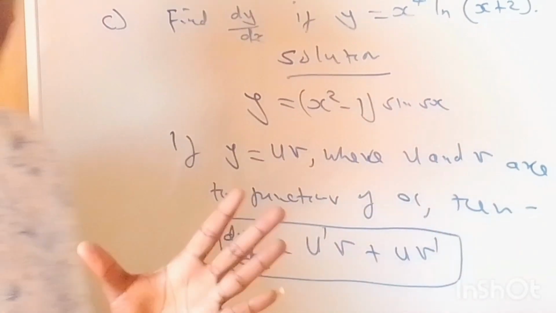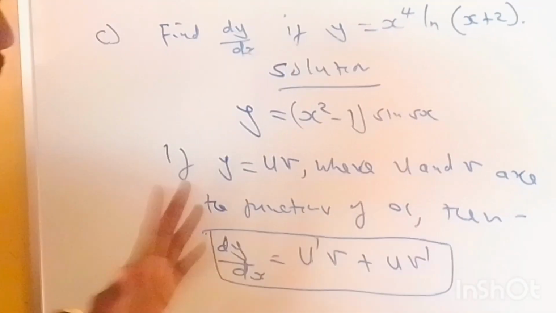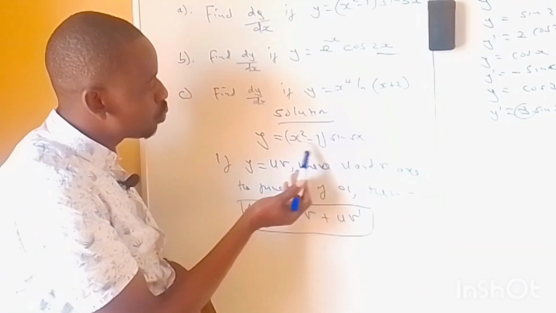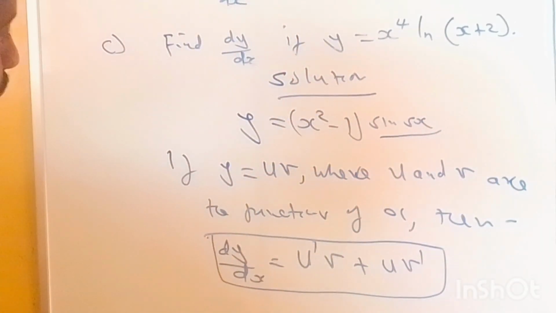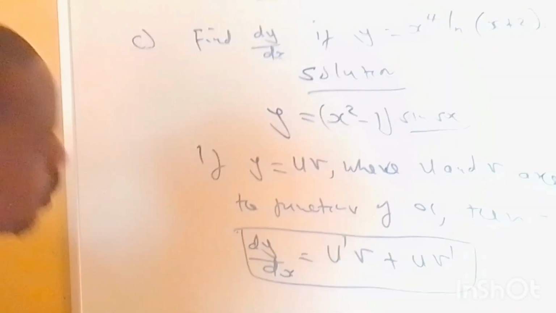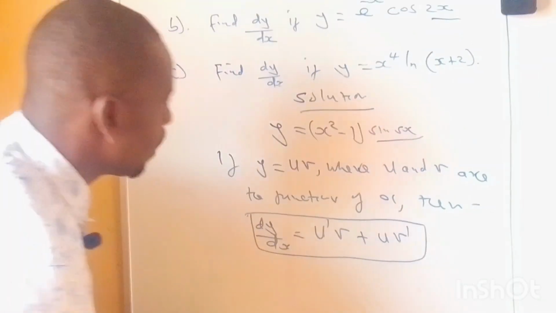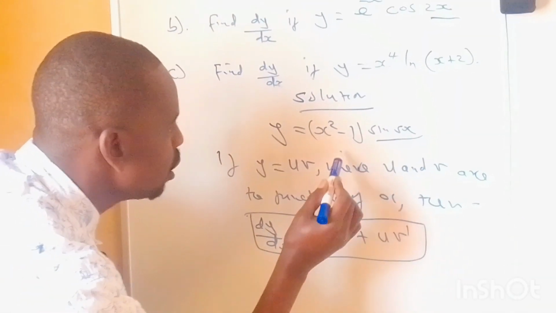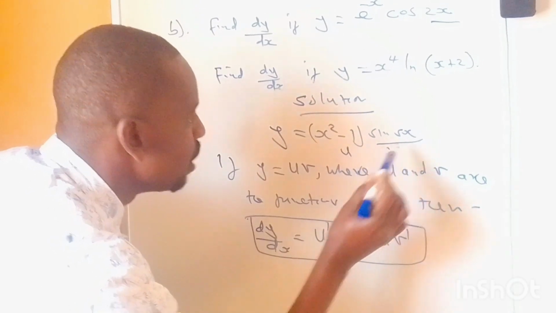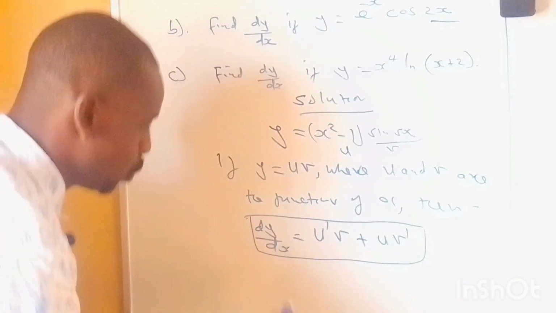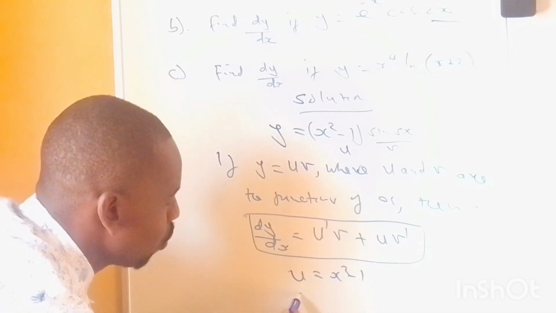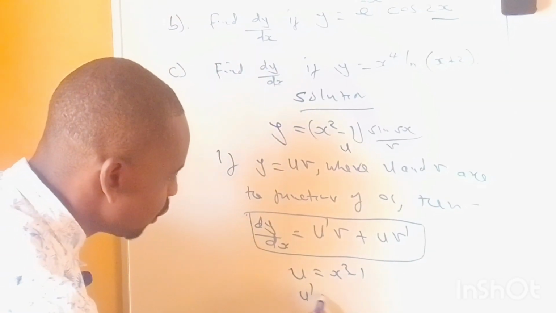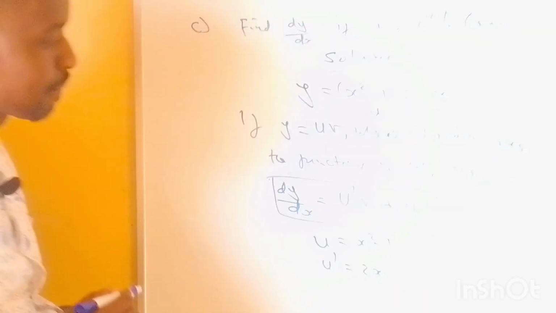So you must make sure that the equation is a product of the two parts. For example, here x squared minus 1 you multiply by sine of 5x. So let's get it very fast so we can apply that. Let's assign this one to be our u and this one to be our v. So u is x squared minus 1, and when we differentiate that, we get 2x.